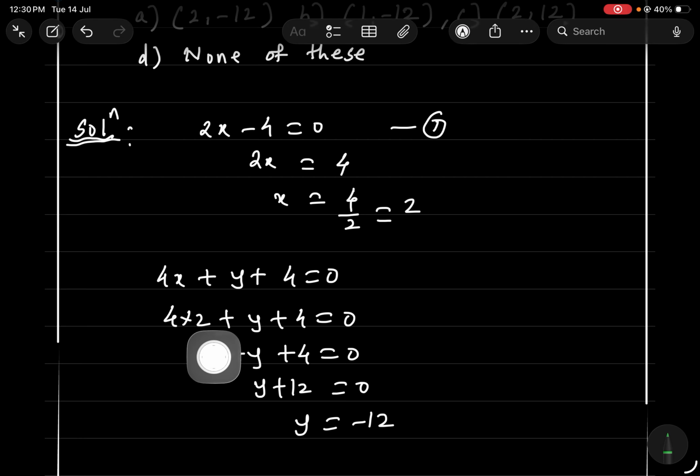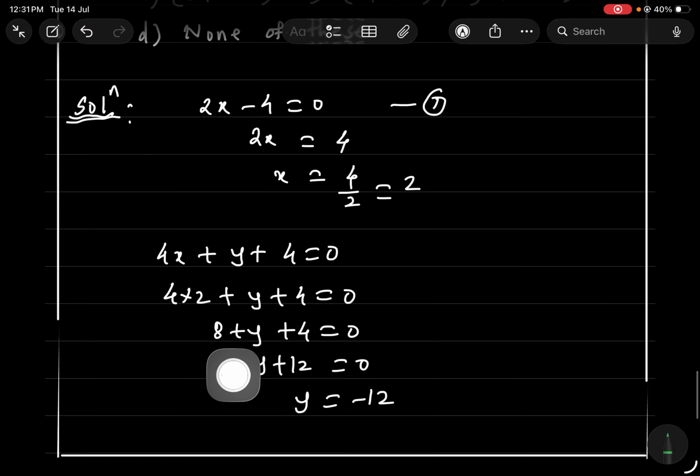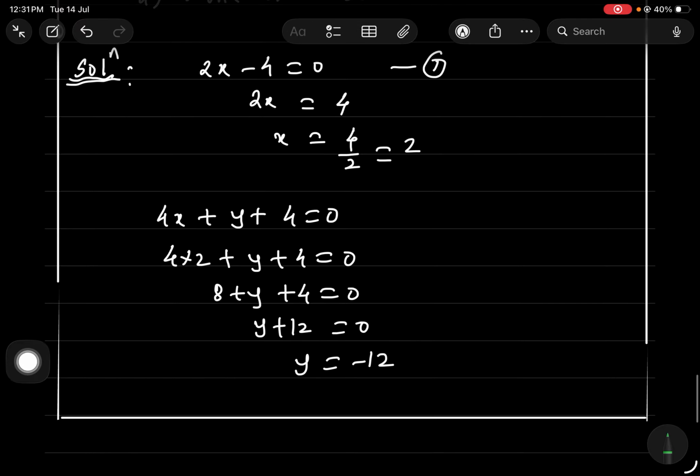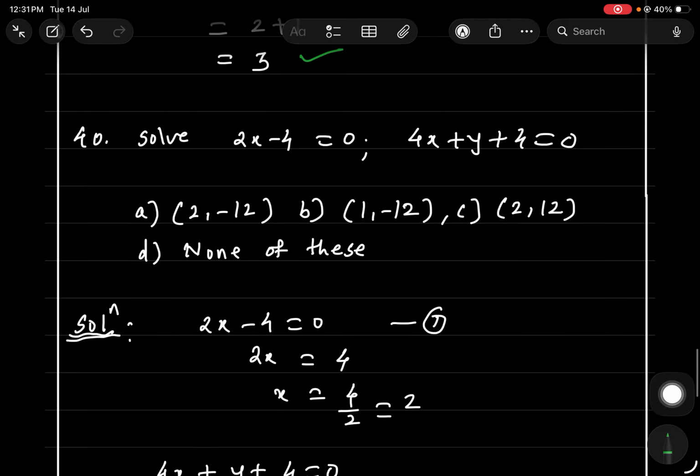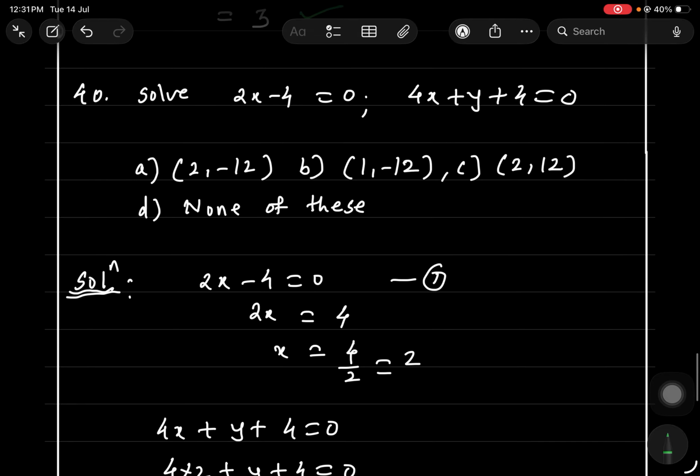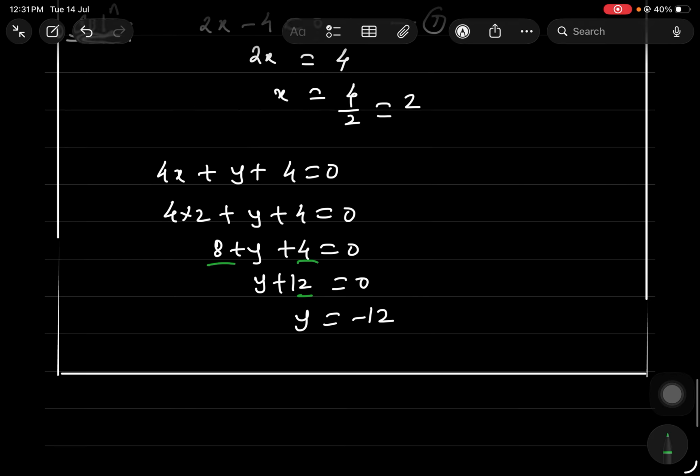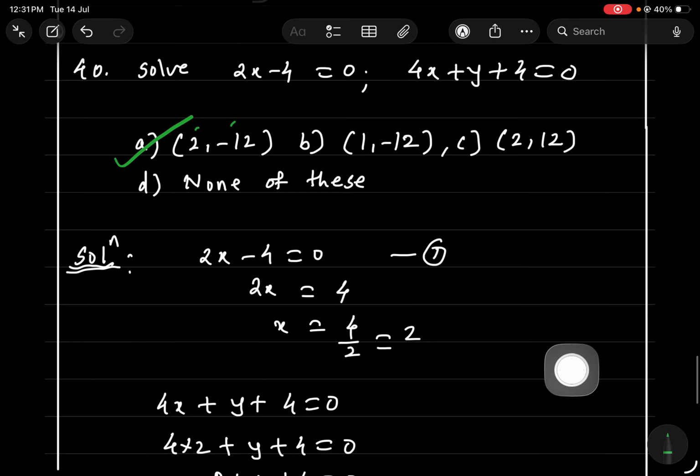So 4 into 2, the x value of 2, plus y plus 4 equal to 0. So 8 plus y plus 4 equal to 0. This 8 and 4 make 12. y plus 12 equal to 0, y equal to minus 12. So the solution is 2 and minus 12, the x value is 2, and this one is there. So your option is A.